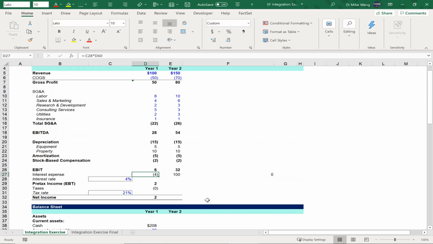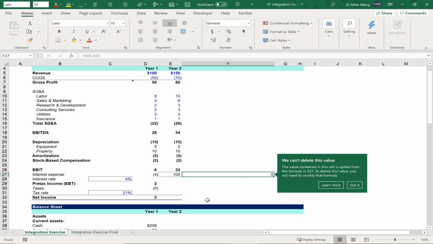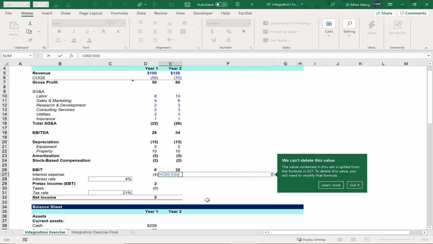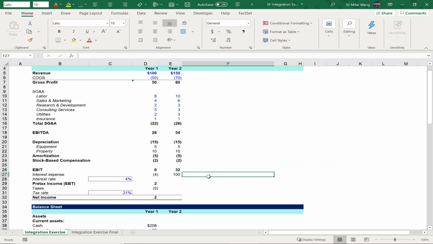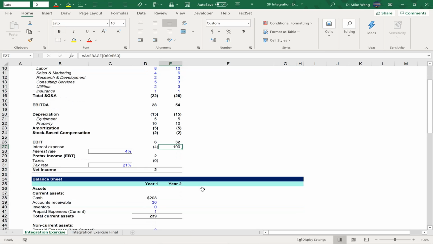So right now it's 100 because we haven't actually entered anything. We haven't actually entered anything within our balance sheet, but that'll get reflected as well once we finish out the financial statements. Make sure that this is a negative since it's an expense.